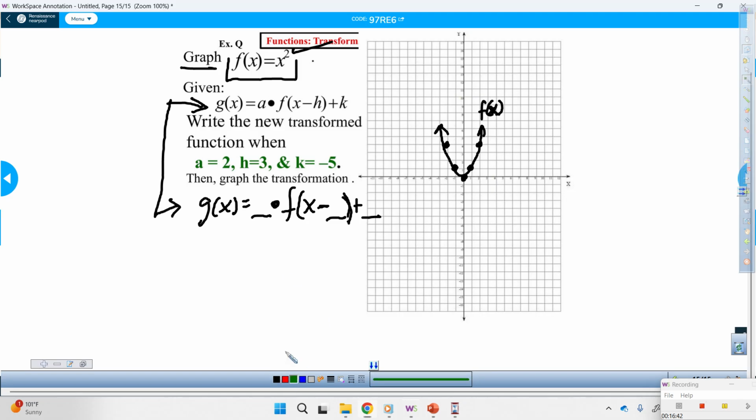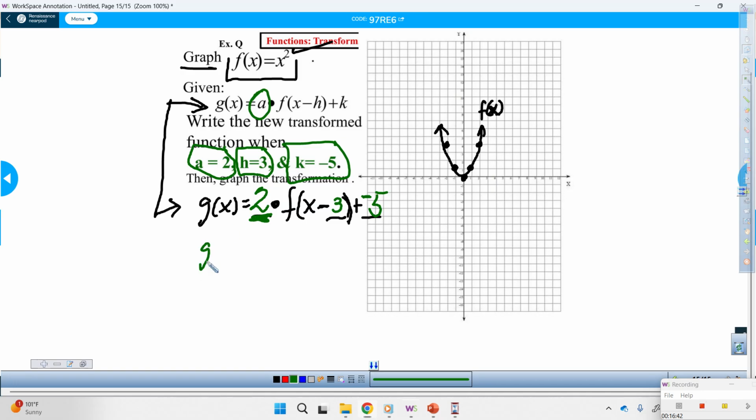All right, so what is the first value? A. What is that value according to what they give us? 2, so write 2 there. What is H? H is +3. And what is K? -5. So let's rewrite this.